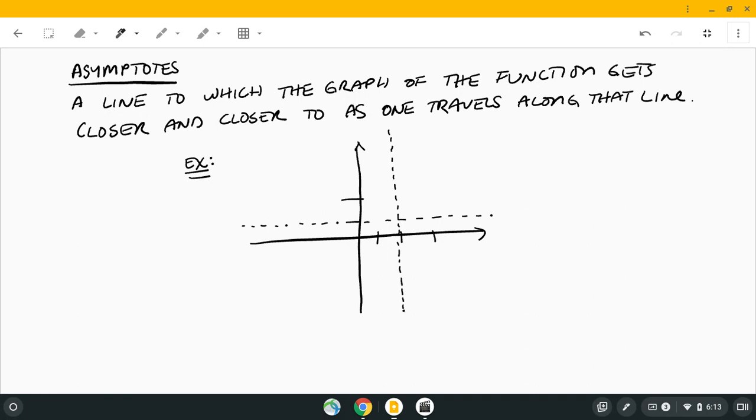And your graph behaves like this. And like this. Hold on. Trying to extend this if it's long enough. All right, so suppose that it does something like this.